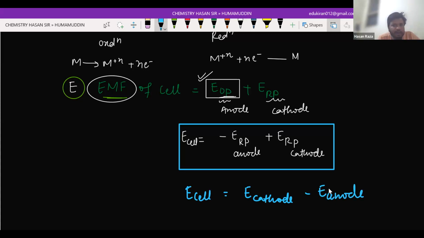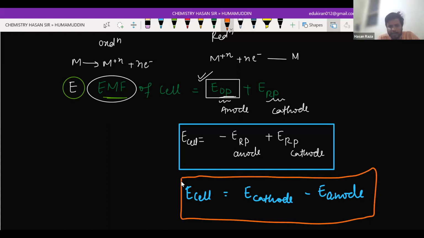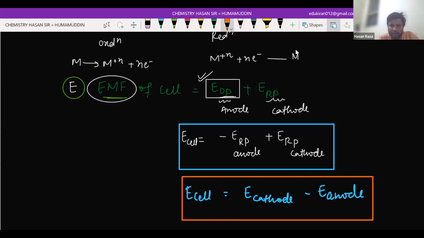You know that at the cathode, generally, reduction takes place. So in questions, the reduction potential at the cathode will be given.